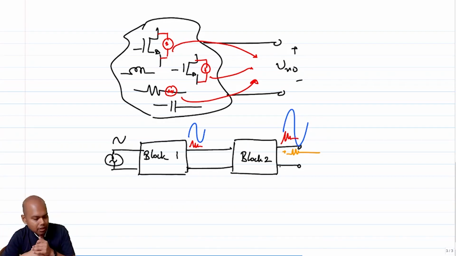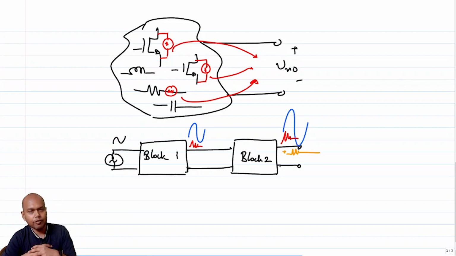For example, if I know that the block 2 noise is significantly large with respect to the signal that block 1 is providing, then I need to ensure that block 1 has large signal gain, right? So now the question is, how can I represent the noise of block 2 in such a way that is useful to the designer of block 1, right?